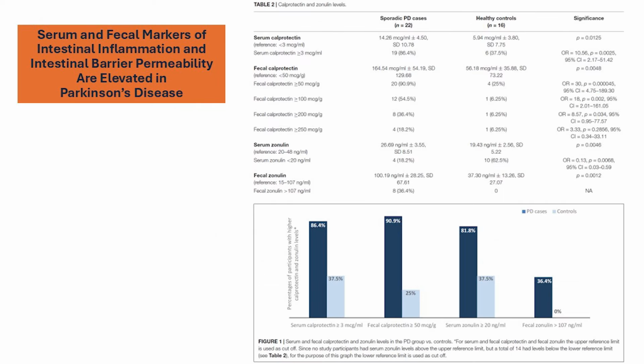In this Parkinson's study, we see significantly higher serum zonulin levels in the Parkinson's group as compared to the controls. Like all these papers, I'm showing you just one of several with the same results. And as always, once I compile all the data points from my meta-analysis, I get this chart here.